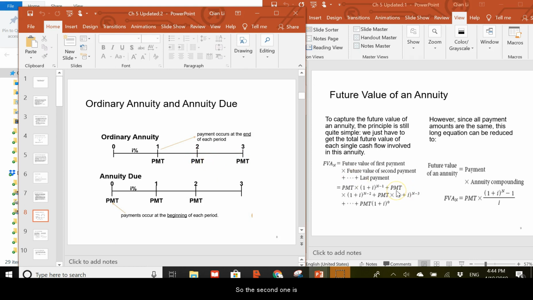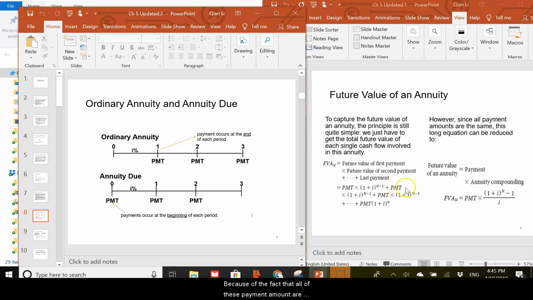Right? So the second one is payment multiplied by (1 + i) to the power of N minus 2. So depending on how many payments you have, or how many years you have for this annuity, you calculate the future value of every payment one by one, and you sum them up, and that's the principle of calculating the future value of this ordinary annuity.